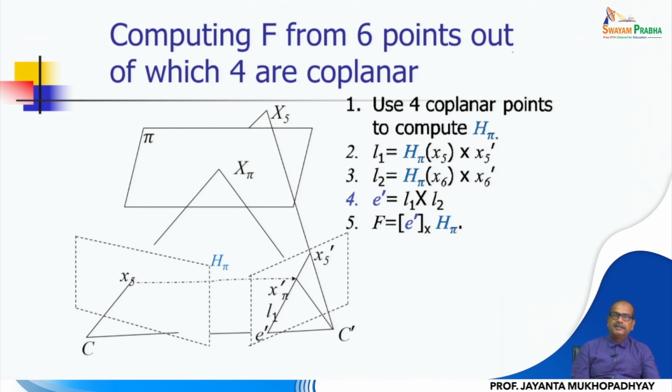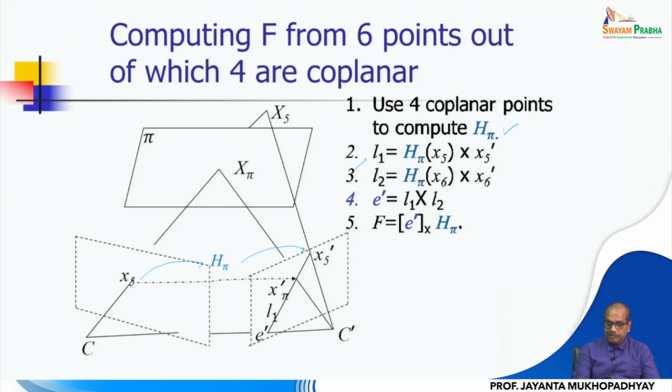Let me also discuss some special cases of computing the fundamental matrix. Suppose you have 6 point correspondences, out of which 4 are coplanar. Because 4 points are coplanar, they form a homography. First you compute the homography, and then for the other 2 points, if I apply the homography, you get the respective point on the epipolar line.